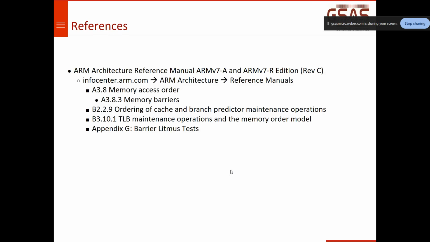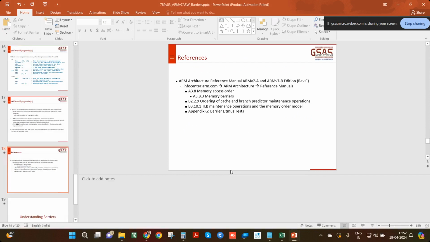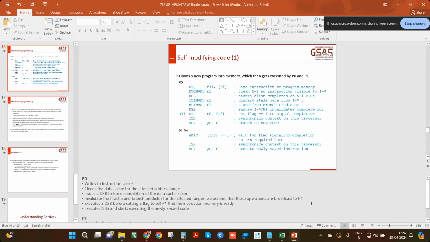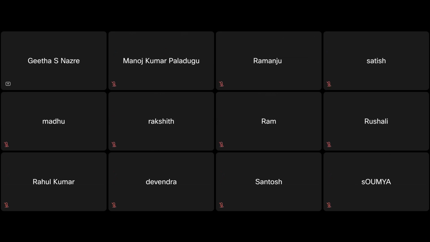Now coming to implementing this in C, we can directly use them as intrinsic functions, like the __DSB function. The compiler understands that function as a barrier and executes it, because barrier instructions are very much important. If there are any questions, I can take them up.